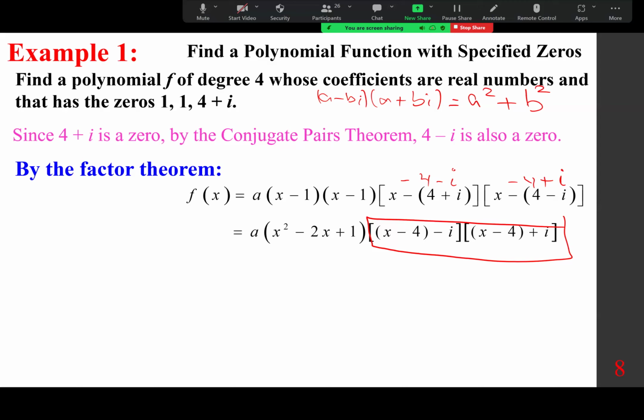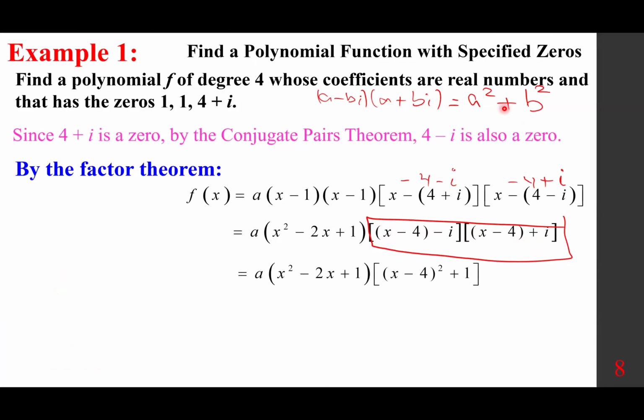Therefore, the result when you multiply the two brackets is x minus 4 squared plus 1 squared. So how fast we can do that? I hope you see that.